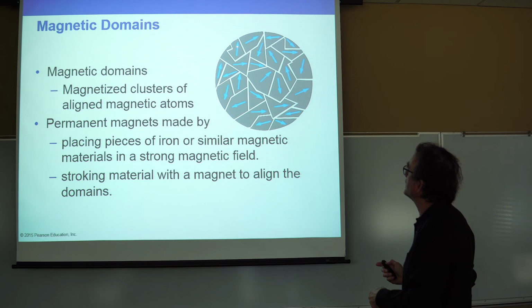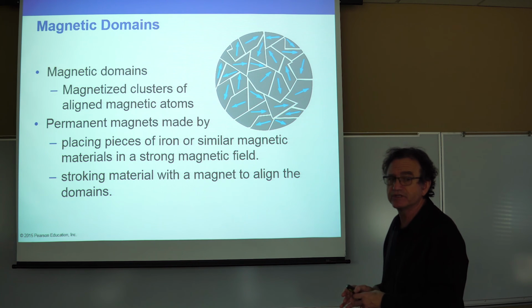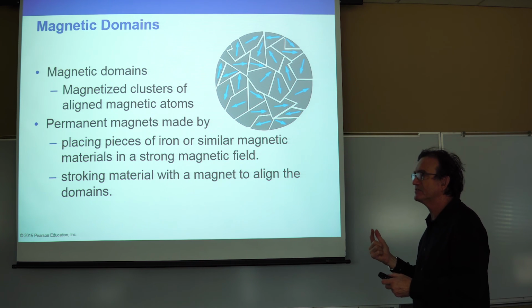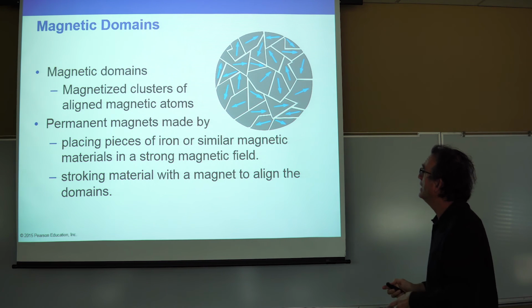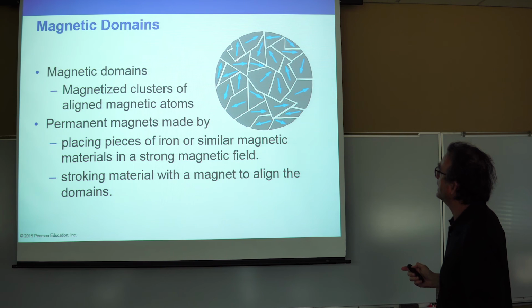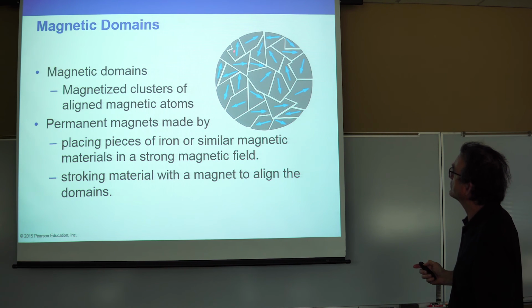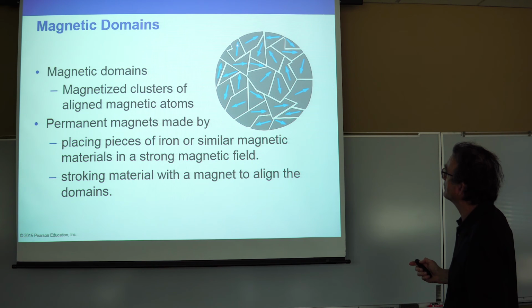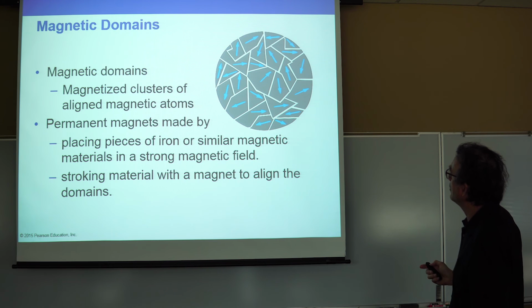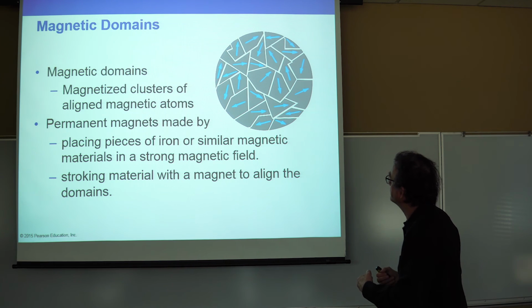And each of these blue vectors is due to the sum of the spins of the electrons all spinning in the same direction. So in this domain, this region of the iron has all of the electrons spinning in a direction pointed by this arrow, whereas over here somewhere else, in this domain, all the electrons are spinning in a different direction.